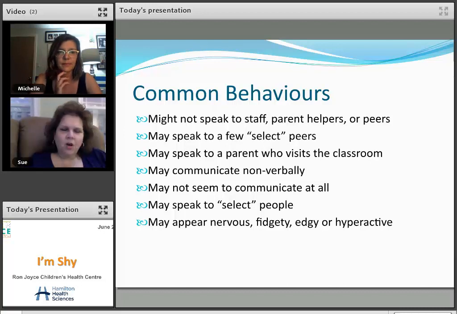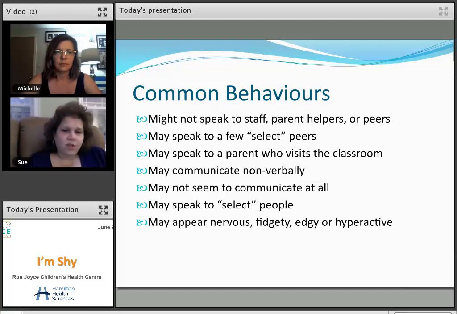And just some common behaviors that you may see, or you may not. They may not speak to certain staff, parent helpers, or peers. They may speak to just a few select peers. You may notice that they speak to a parent who visits a classroom.